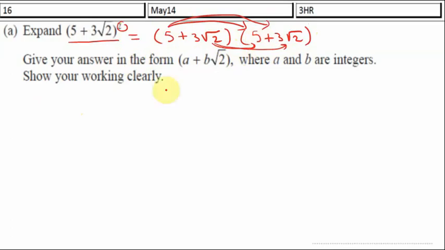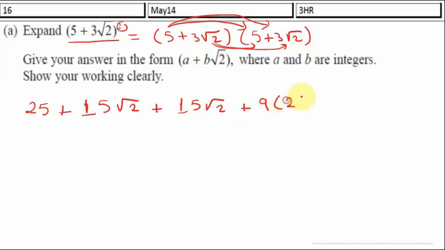So 5 times 5 is 25, plus 5 times 3 root of 2 is 15 root of 2, plus 3 root of 2 times 5 is 15 root of 2 again, plus 3 root of 2 times 3 root of 2, 3 times 3 is 9, root of 2 times root of 2 is 2. So we have 25.